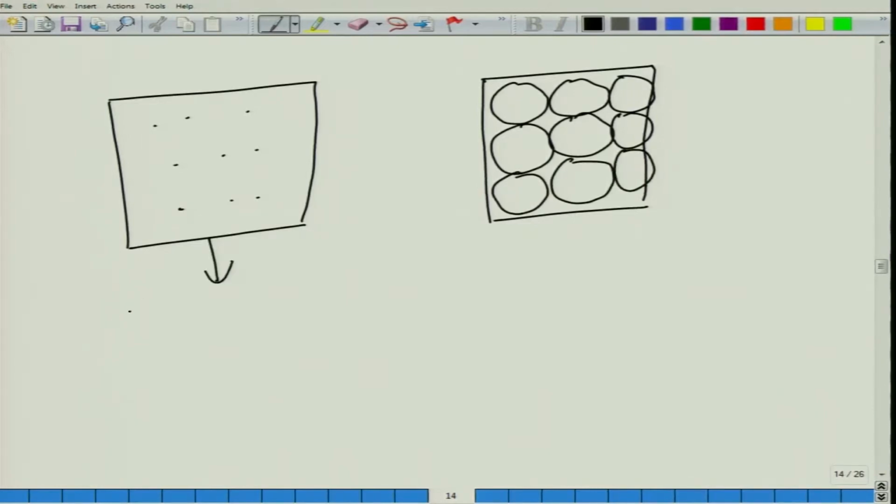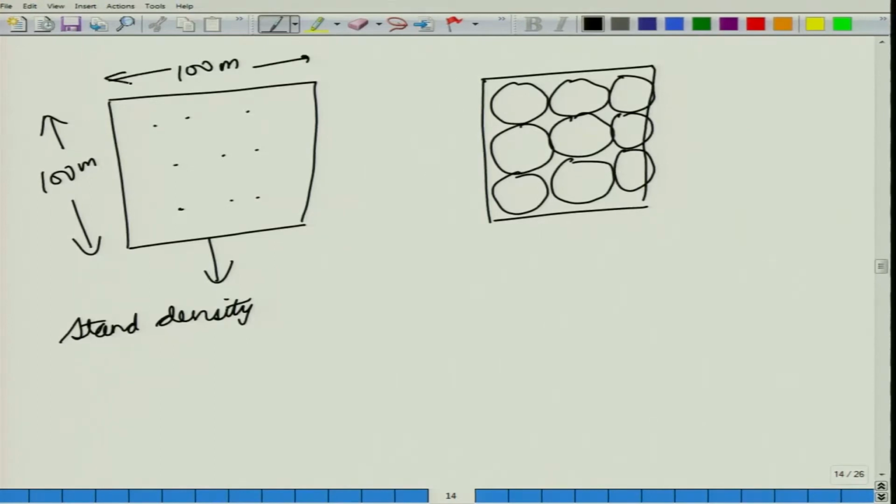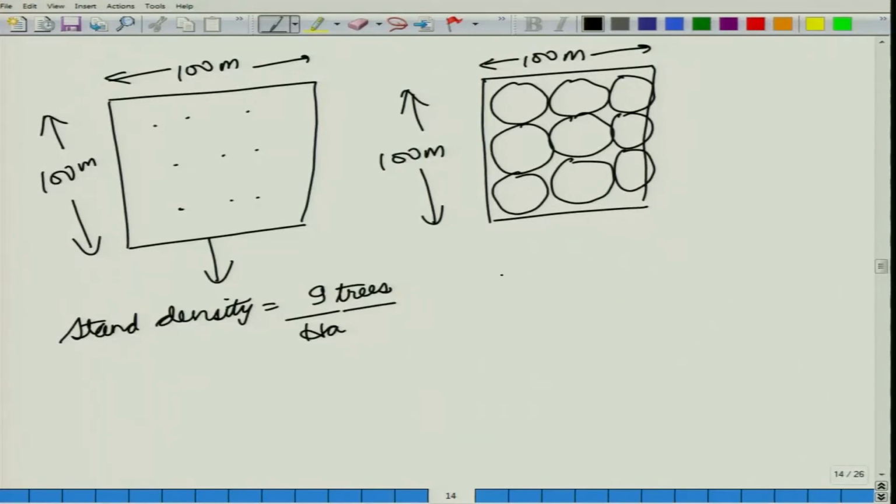Let us suppose both these plots are 100 meters by 100 meters. So the stand density in the first case is 9 trees per hectare, and here also the stand density is 9 trees per hectare.